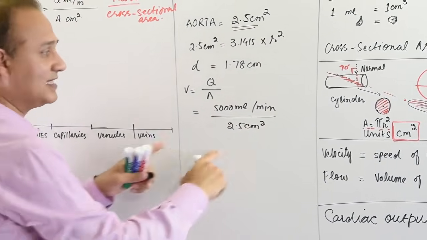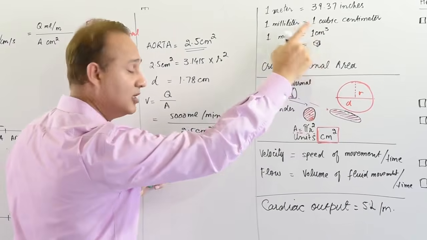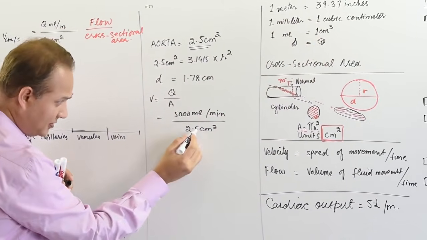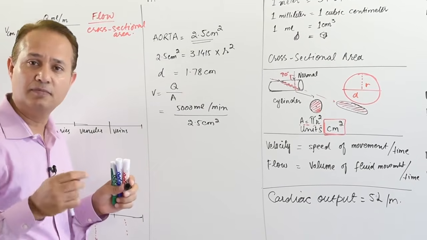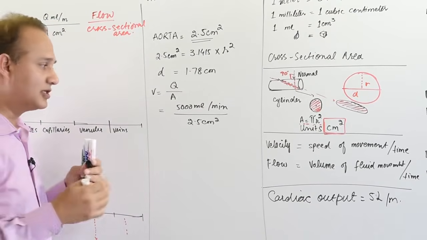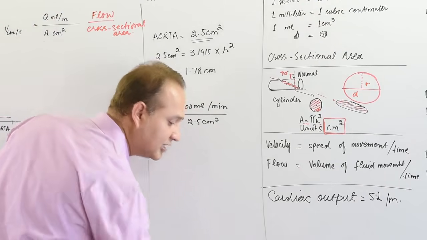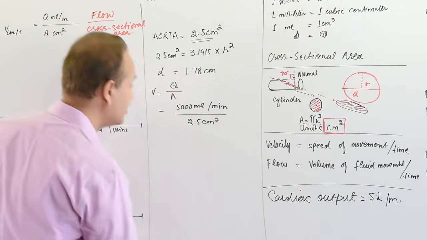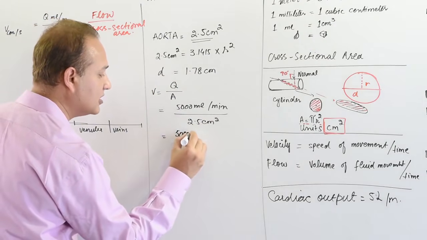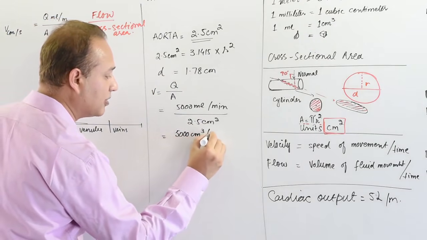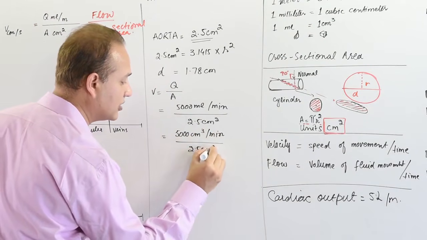Now, remember this, I said a milliliter can be represented as centimeter cube or cubic centimeter. Why? Look here, I cannot divide milliliter by centimeter. I cannot divide volume by length here. So I have to have the similar units. So instead of 5000 milliliters, I'm going to say 5000 centimeter cube per minute divided by 2.5 centimeter square.